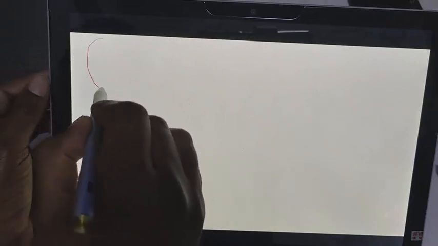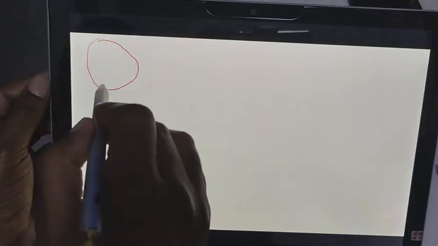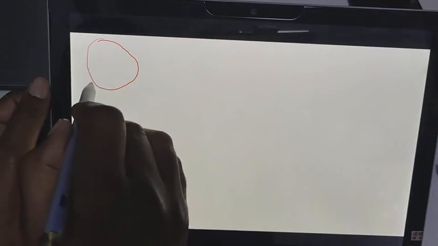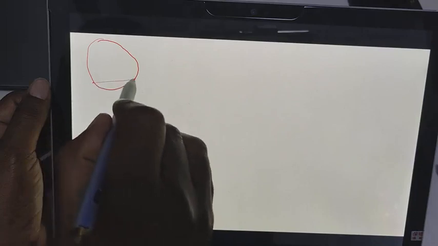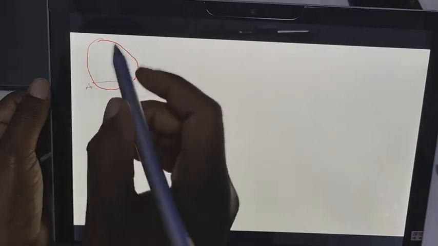Let us redraw it so that we have it from here.